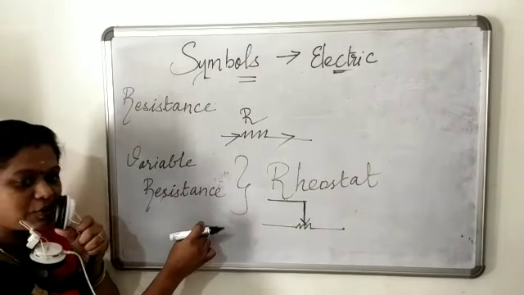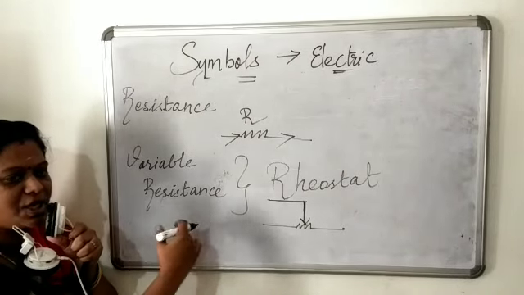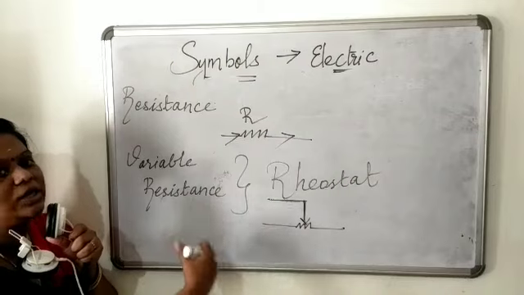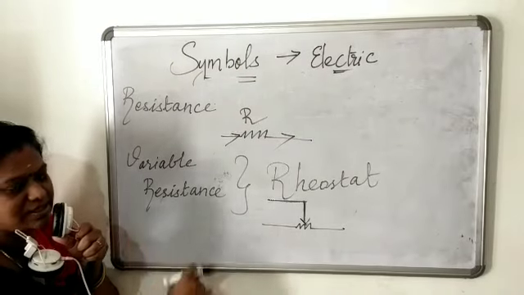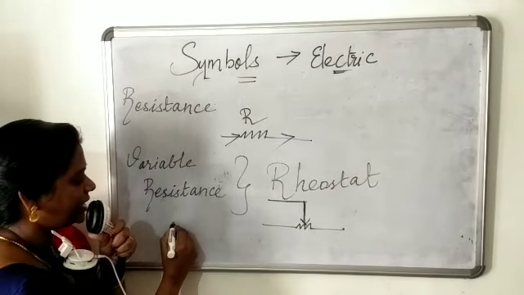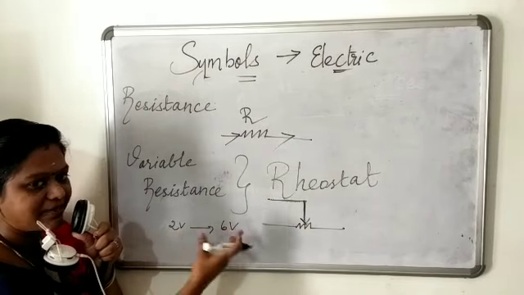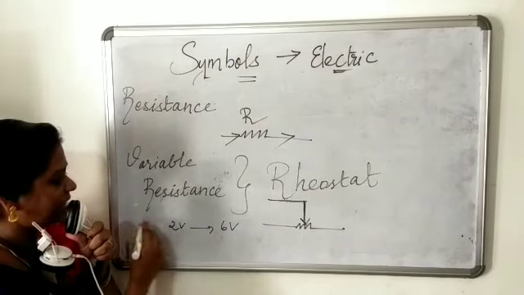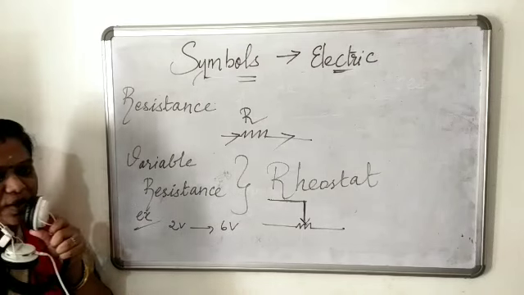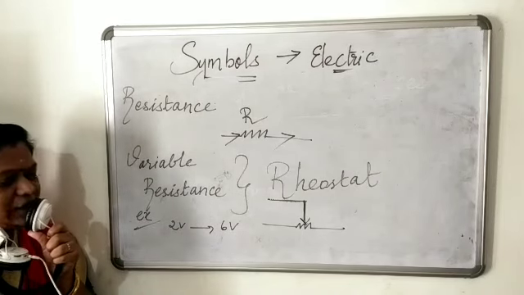By using this variable resistance, you can vary the voltage, for example from 2 volt to 6 volt, or as given in the setup.